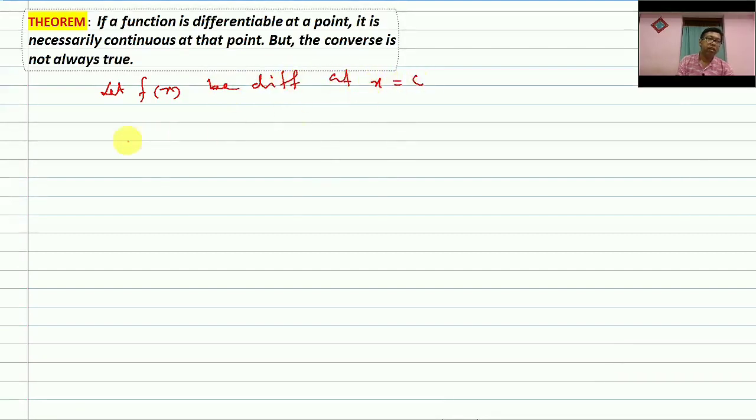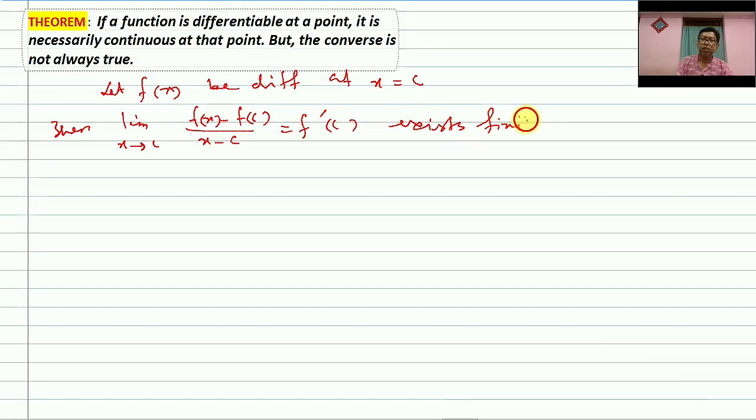Then what does it indicate? It indicates that the limit as x tends to c of f(x) minus f(c) upon x minus c is equal to f dash c. This exists finitely, isn't it?